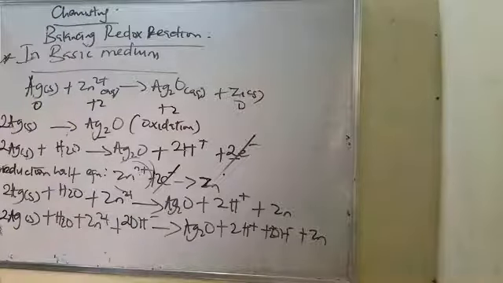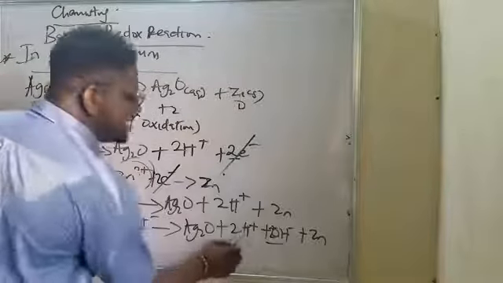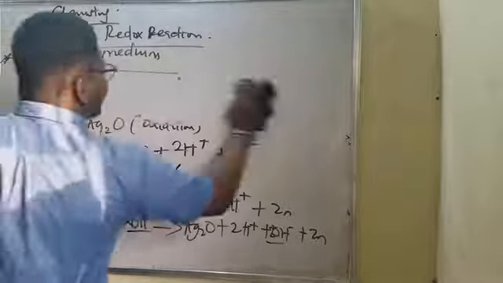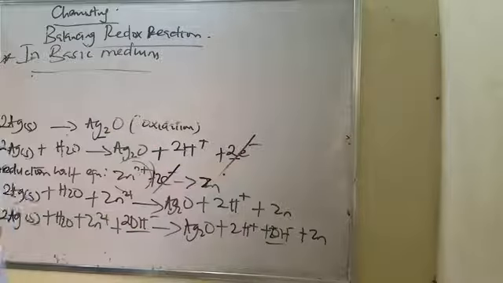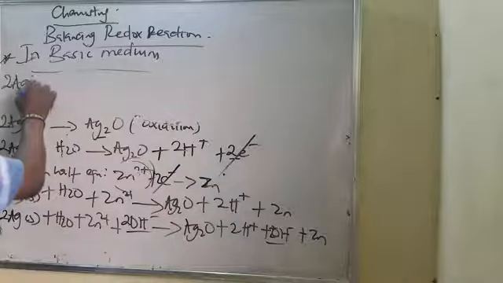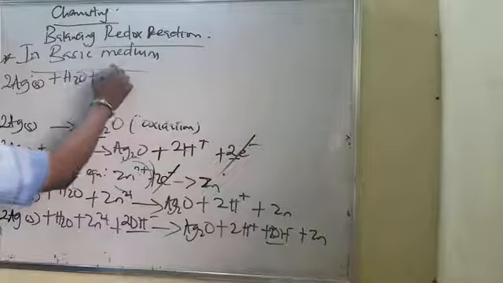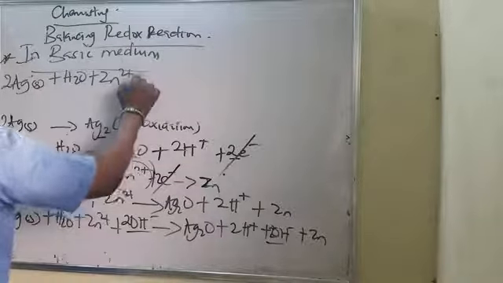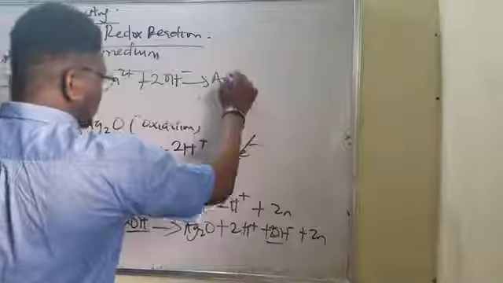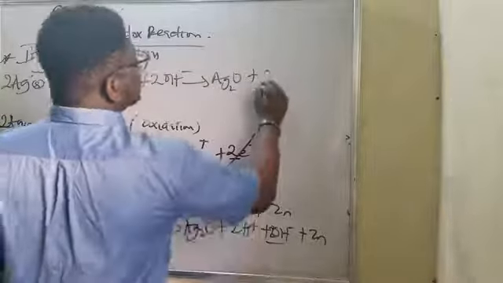So I have added this on both sides because I want to eliminate this hydrogen proton so water can be formed. So if I move further from that, I will have 2Ag solid plus H2O plus Zn2+ plus 2OH minus, giving Ag2O, then plus this will give me 2 molecules of water.